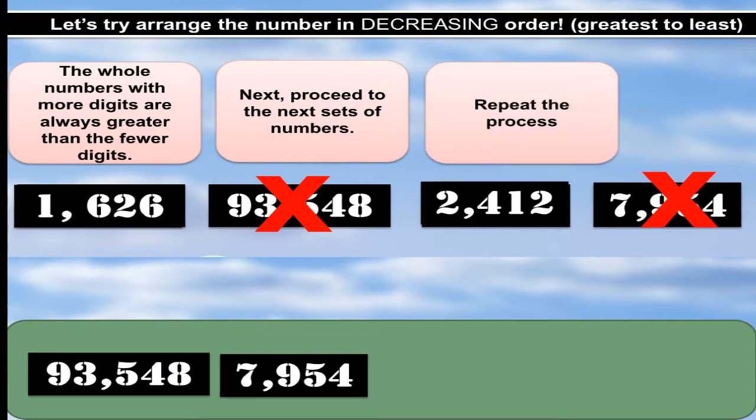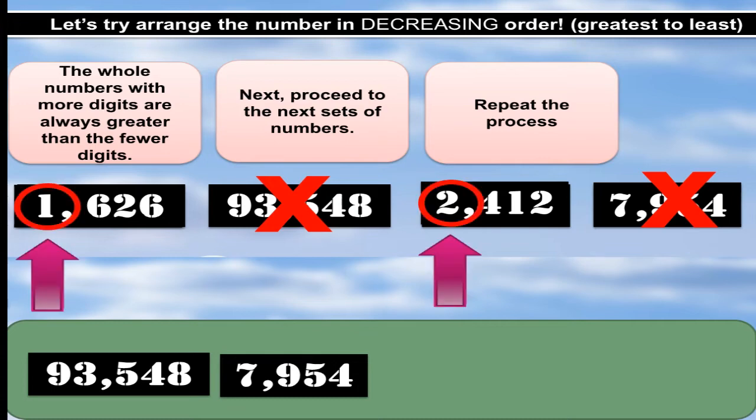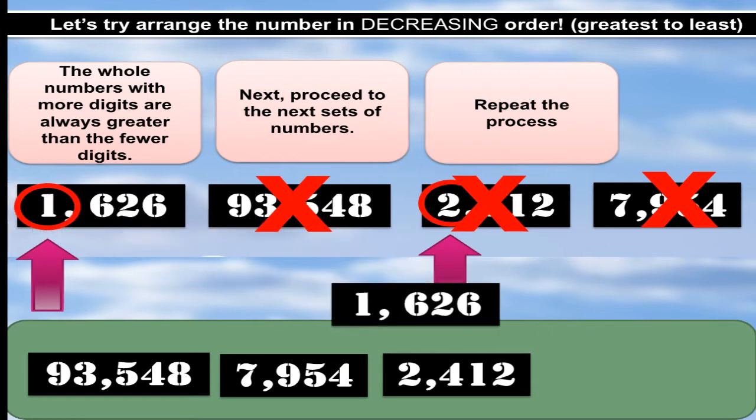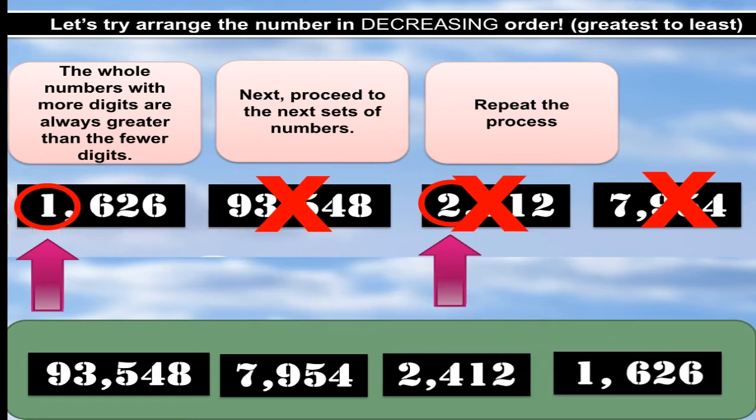Let's again compare 2 and 1. 2 is greater than 1, so the next number would be 2,412. And the number with the least value is 1,626. Did you get the correct answer? Good job!